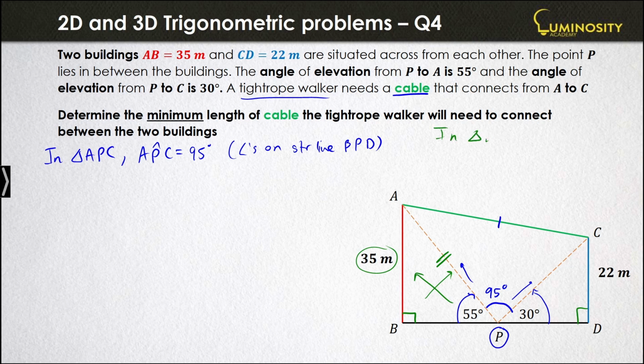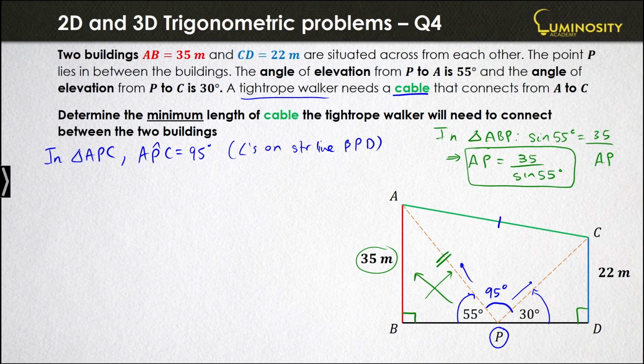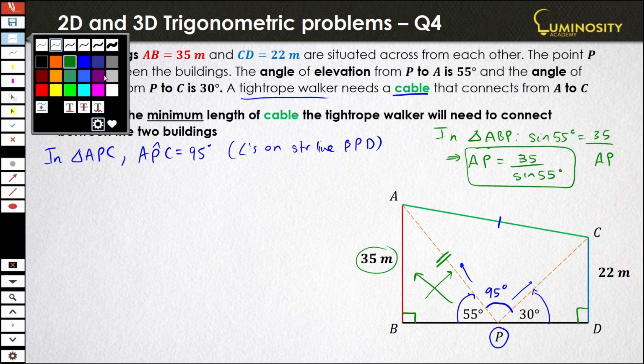So in triangle ABP, we have sine of 55 degrees is opposite, which is 35 meters, divided by the hypotenuse, which is AP. So if I cross multiply both sides by AP, and then divide both sides by sine 55 degrees, I have AP as 35 meters divided by sine of 55 degrees. Okay, so we've got an expression for AP.